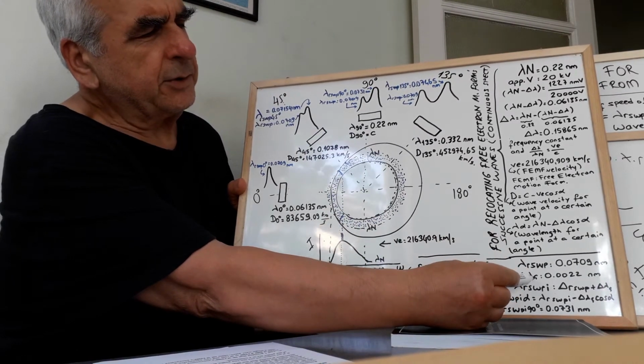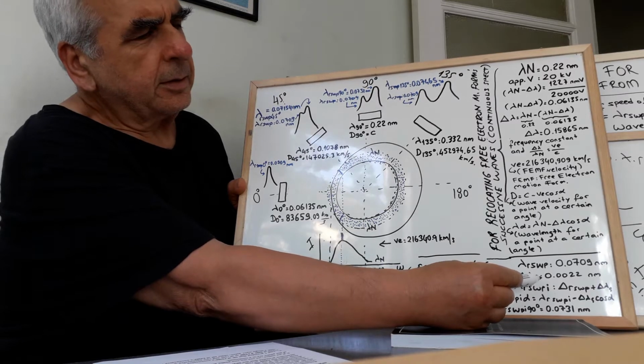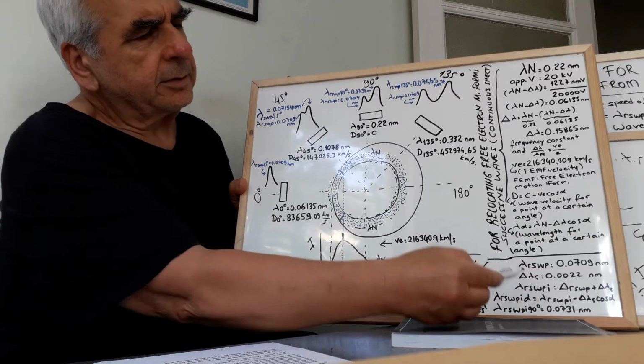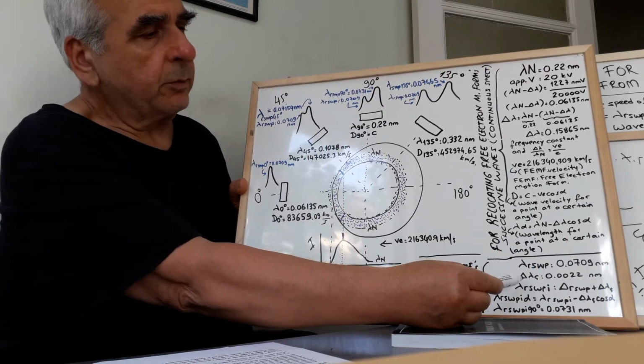Delta lambda chi, 0.0022 nanometer. They say Compton wavelength. Okay.